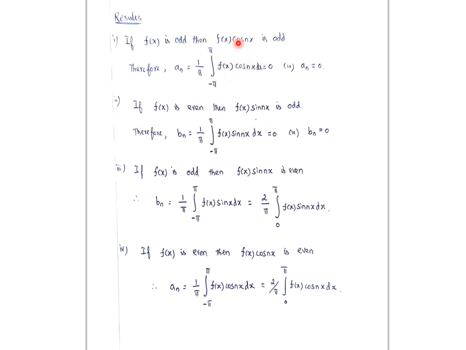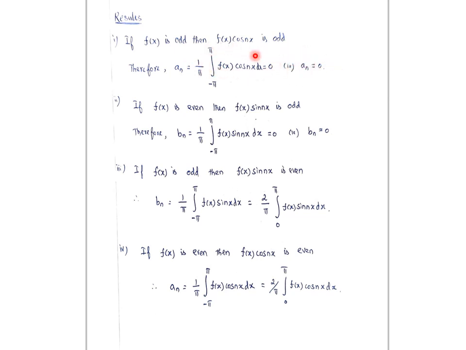As we studied in the previous property, if the integrand is an odd function, then the integral from minus a to plus a, here a is equal to pi, is 0. Therefore, the integral from minus pi to plus pi of f of x cos nx dx will become 0, and the whole coefficient a n will become 0.